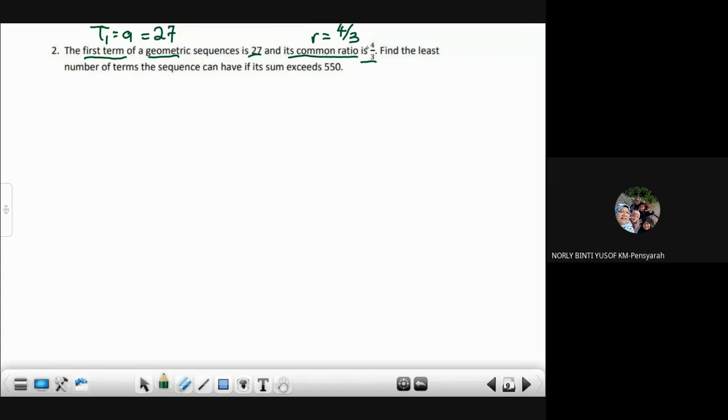Find the least number of terms. So the least number of terms is n. The sequence can have its sum exceed 550. The word sum means Sn. Exceed, the symbol is greater than. Only greater than, no equal sign, because exceed means greater.